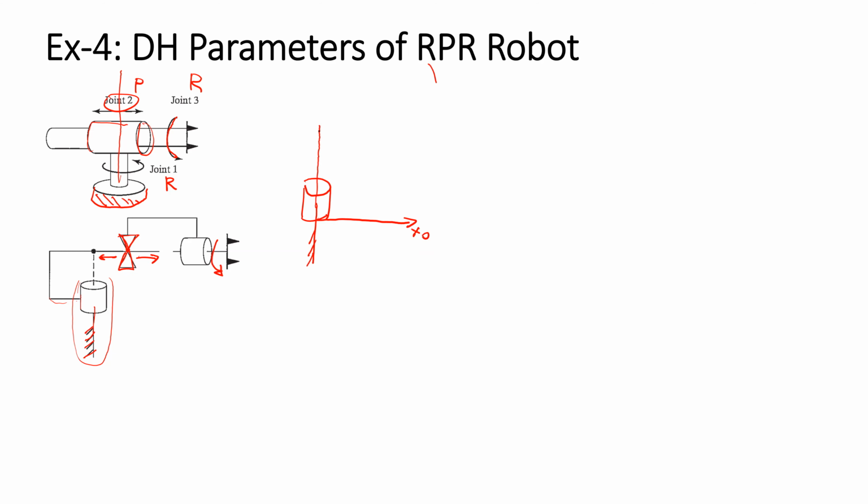On this point, if the robot doesn't rotate, it will lie in this direction. But if it rotates, it will go to that direction and have the prismatic joint. The prismatic joint connects to another revolute joint, and that connects to the arm.